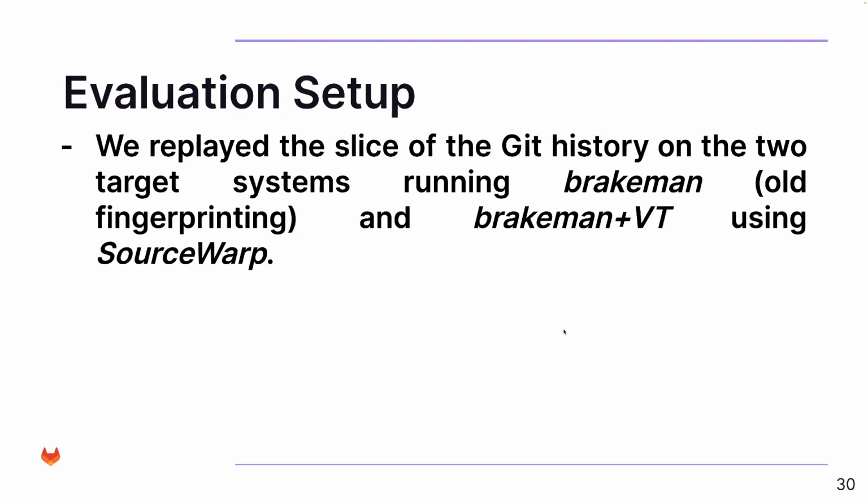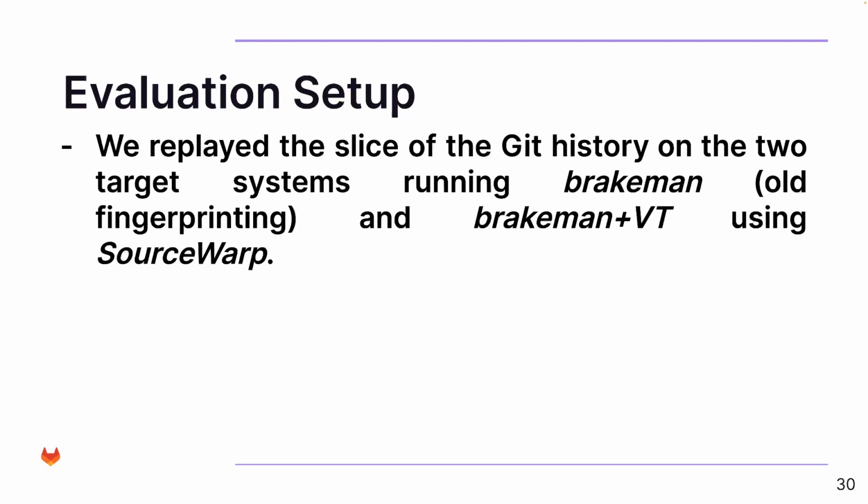The evaluation worked in such a way that we actually used SourceWarp on these two target systems, Brakeman and Brakeman with vulnerability tracking, and we replayed the same slice of the Git history from GitLab. Then we collected metrics about the deduplication performance of both cases, the old version of Brakeman and the new one with vulnerability tracking.